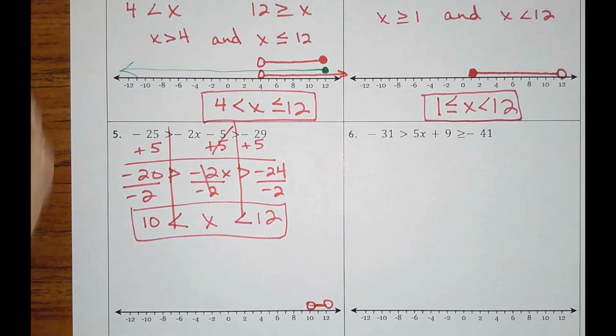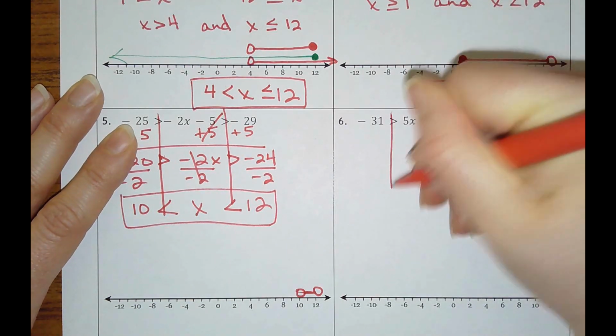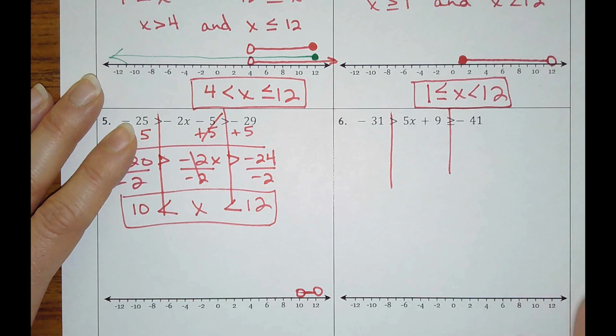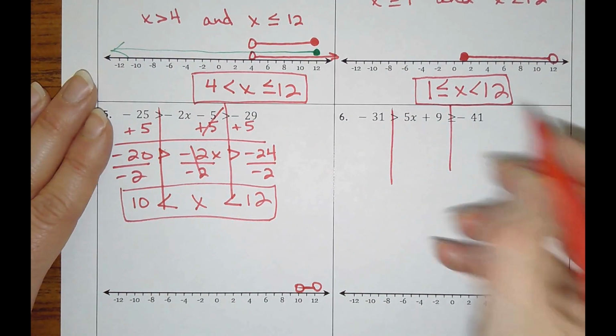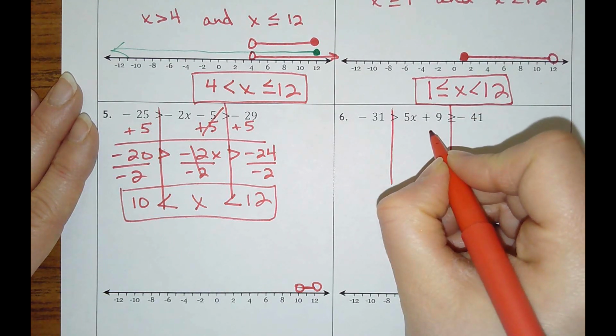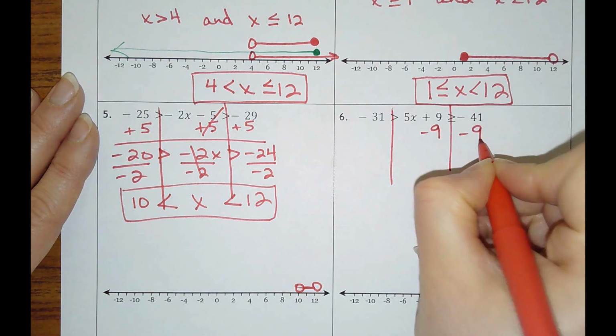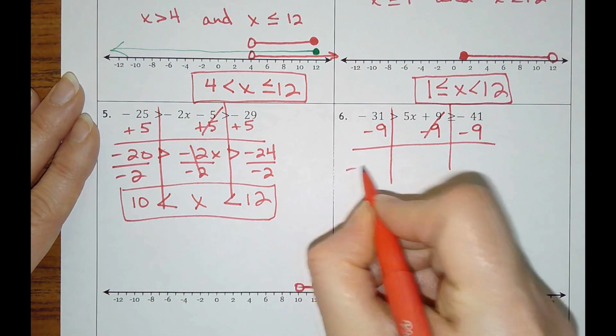Okay, and then let's do one more. So again, look at it. Tell yourself, hey, these are ands because x has to be greater than something and less than something. In the middle, it's 5x plus 9. So what would I do? Subtract 9 in all 3 spots. Negative 31 minus 9 more.